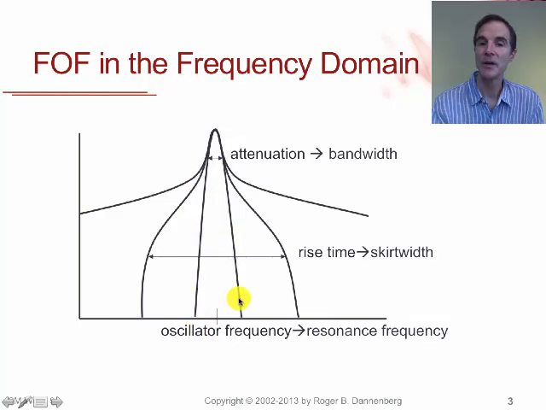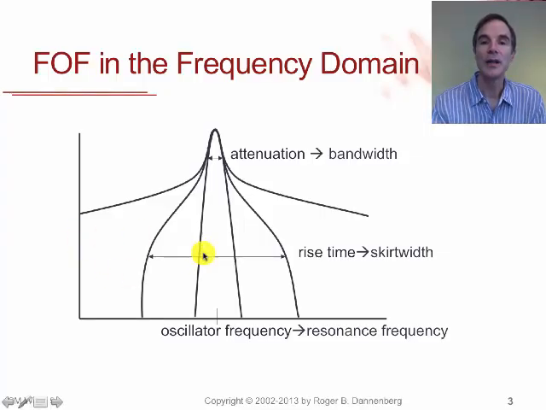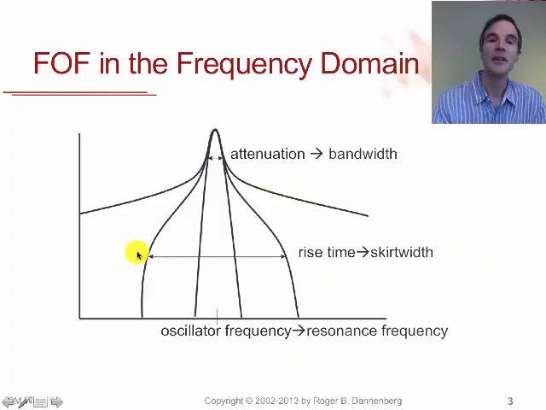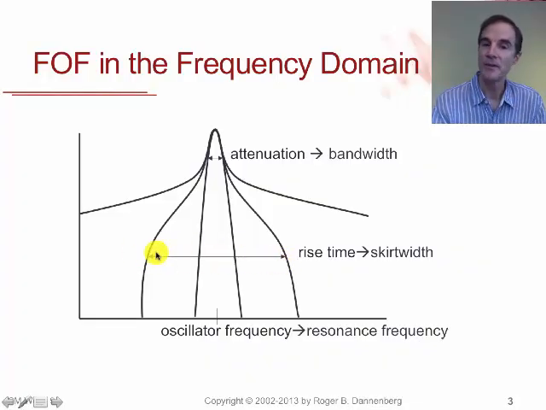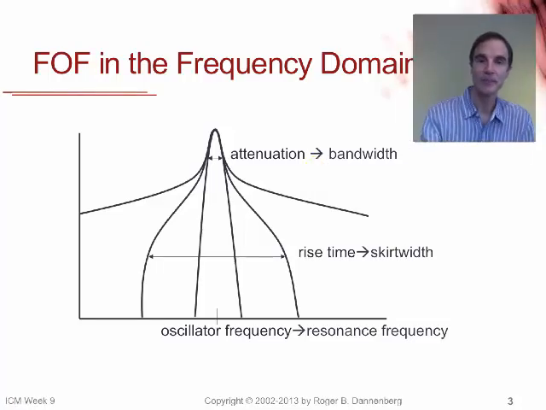You can have a very narrow resonance where the center frequency is the frequency of that sinusoid that's being exponentially damped. As you change the rise time, which is a little added feature, you can increase this dimension, which is called the skirt width, and also you have a very variable attenuation, which controls the bandwidth of the resonance.